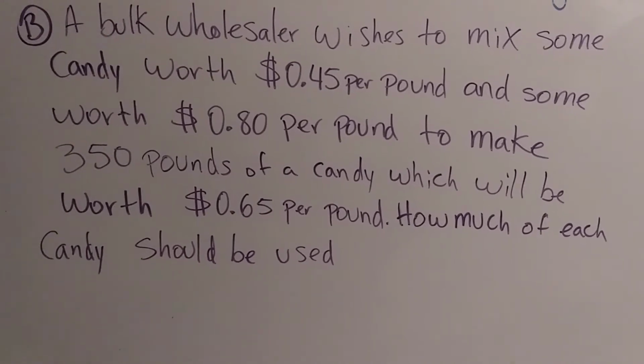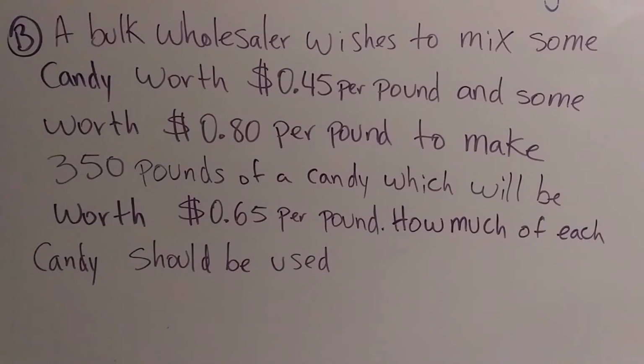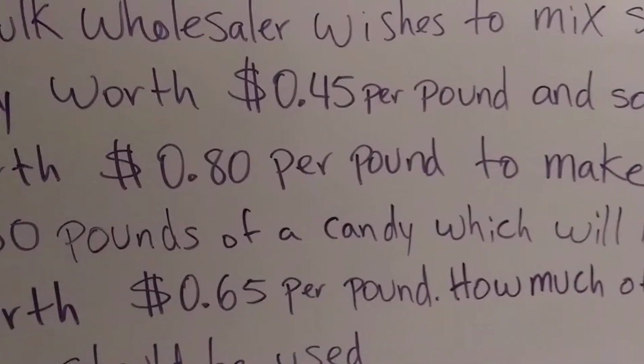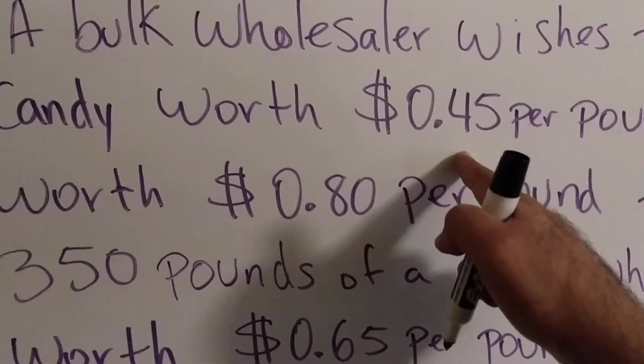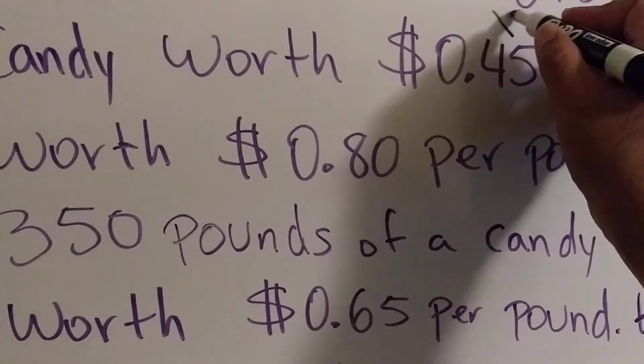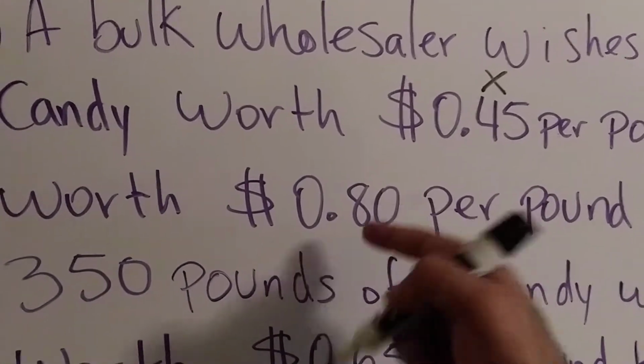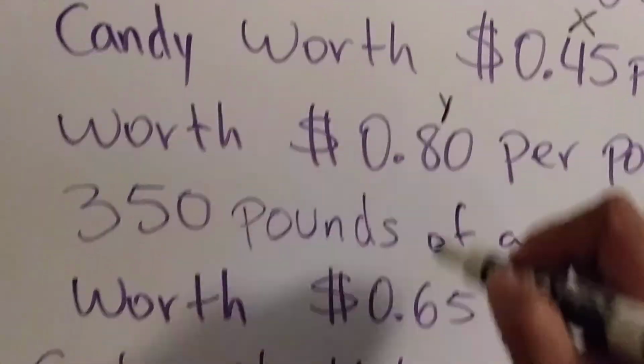How much of each candy would be used in this type of problem? So here we're going to call the candy that's 45 cents X, and the type of candy that's 80 cents, we'll call this one Y.